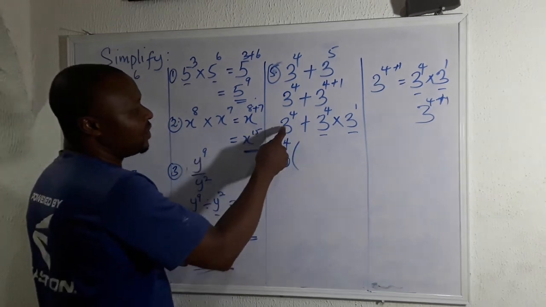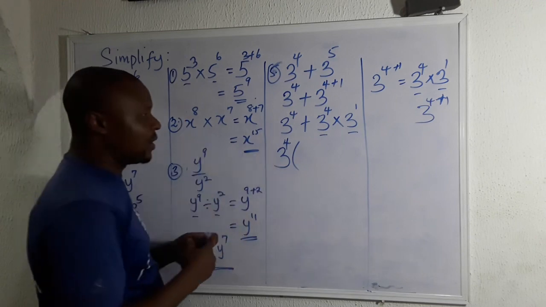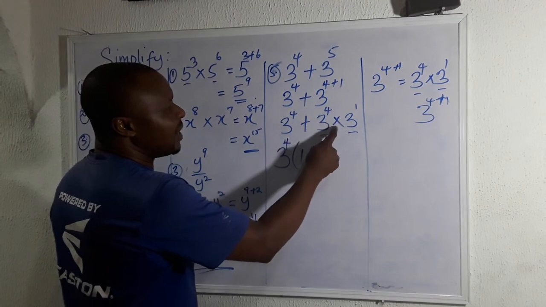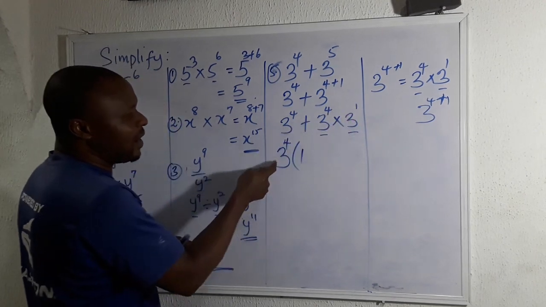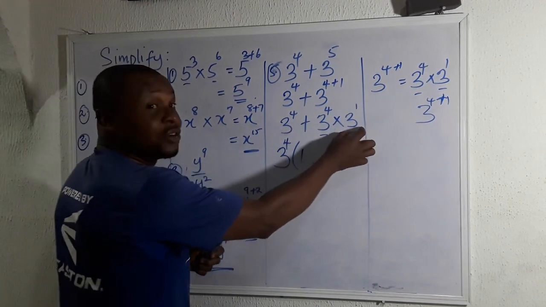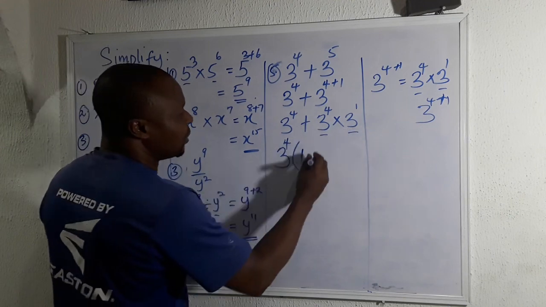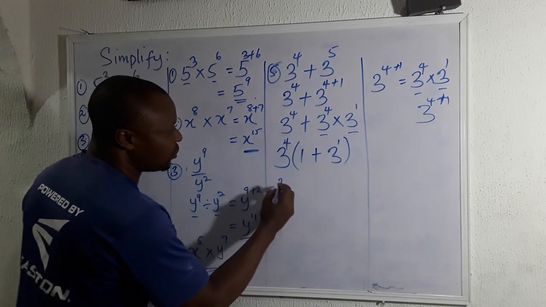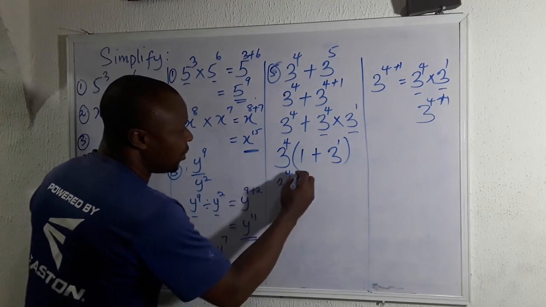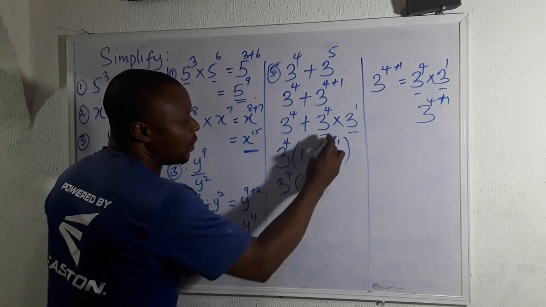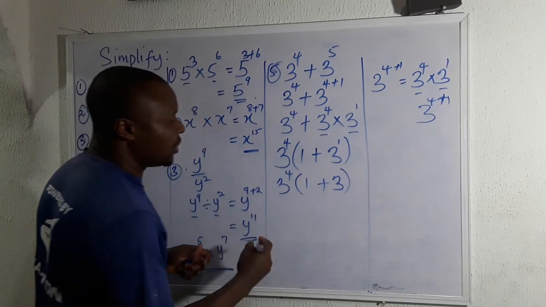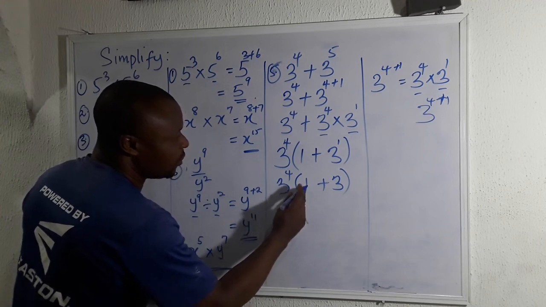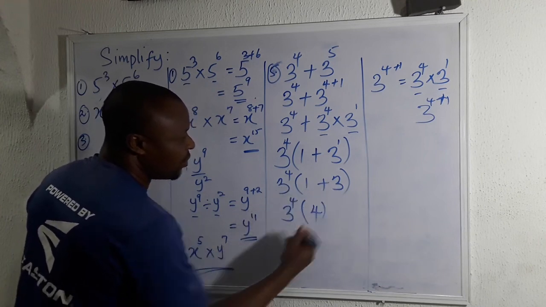So what will that give us? If we take 3 raised to power 4 out of here, we have 3 raised to power 4 into, now 3 raised to power 4 divided by 3 raised to power 4 will give us 1. Now 3 raised to power 4 times 3 raised to power 1 divided by 3 raised to power 4 will be left with 3 raised to power 1. So that's 1 plus 3 raised to power 1. So this is 3 raised to power 4 into 1 plus 3, and 1 plus 3 is 4.